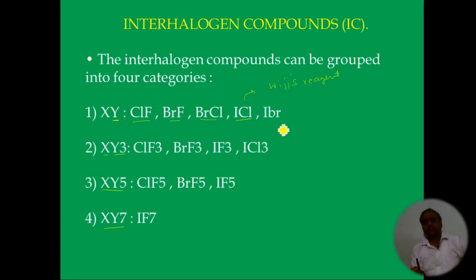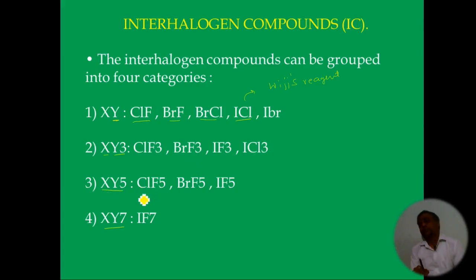So these are some XY type interhalogen compounds. XY3 examples are chlorine trifluoride, bromine trifluoride, iodine trifluoride, iodine trichloride. These are used to make some higher interhalogen compounds, as well as for the fluorination of different compounds.